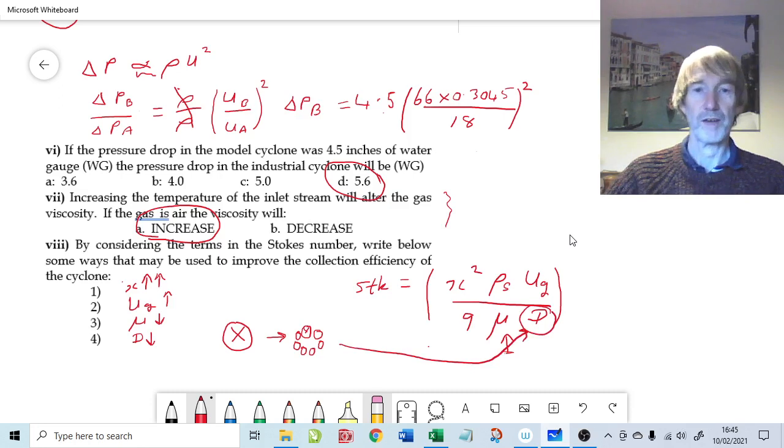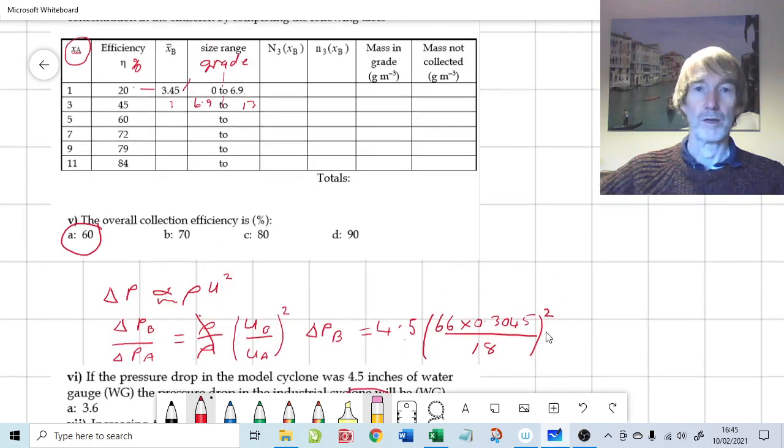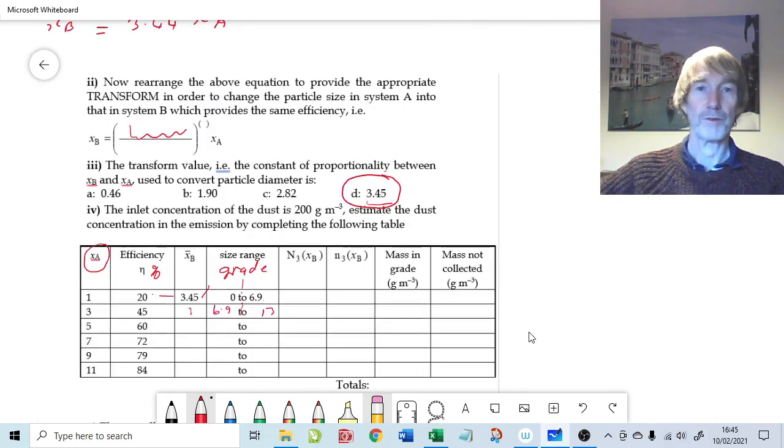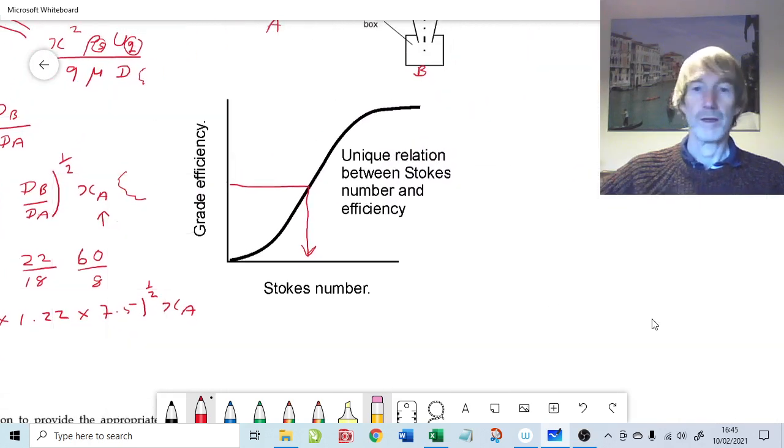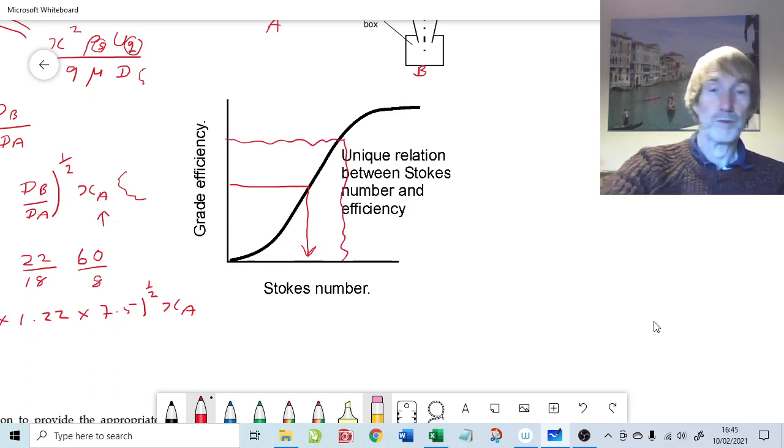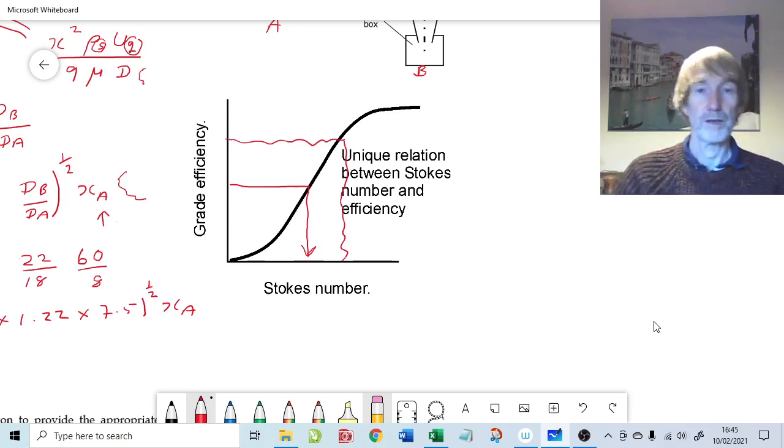So the smaller the diameter of the cyclone, the higher the Stokes number, and as per our diagram that we saw just a few moments ago, the higher the Stokes number, the better the collection efficiency will be. So that gave a better performance removing household dust, as indeed it would if you're removing industrial particles from a gas stream. So that's us finished with question 6.